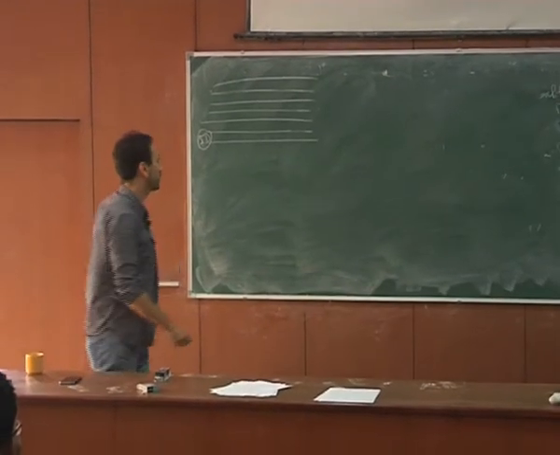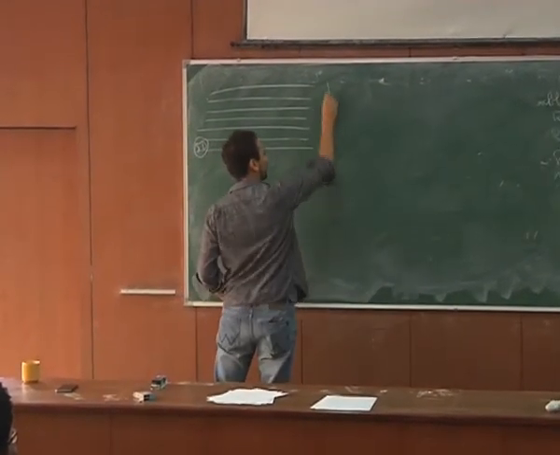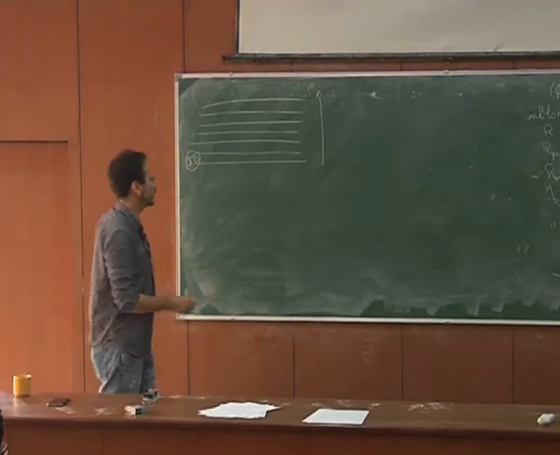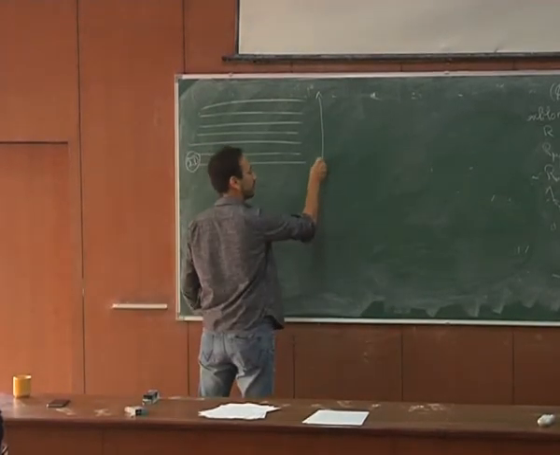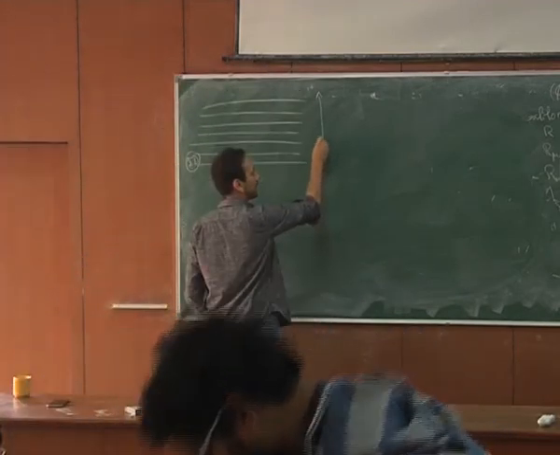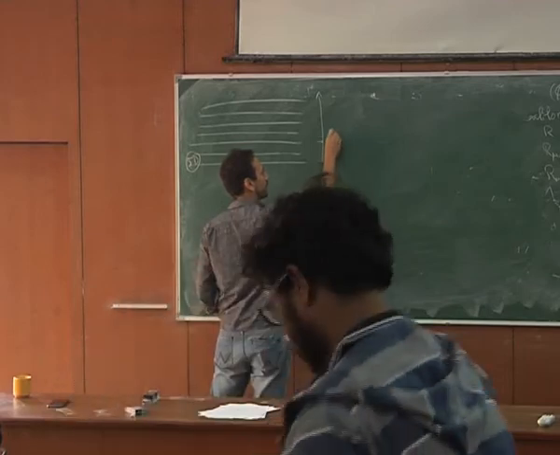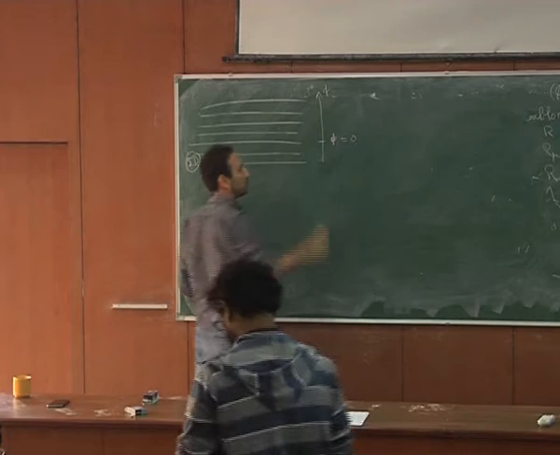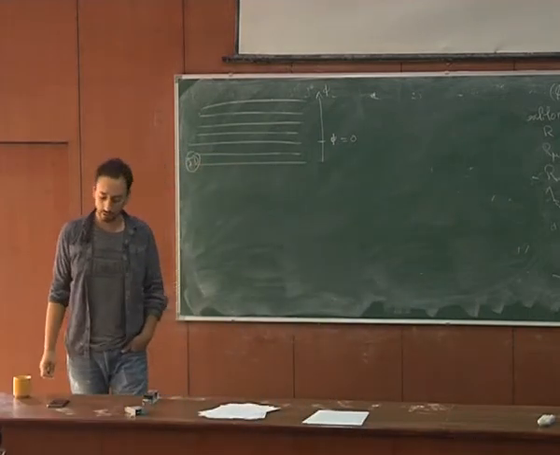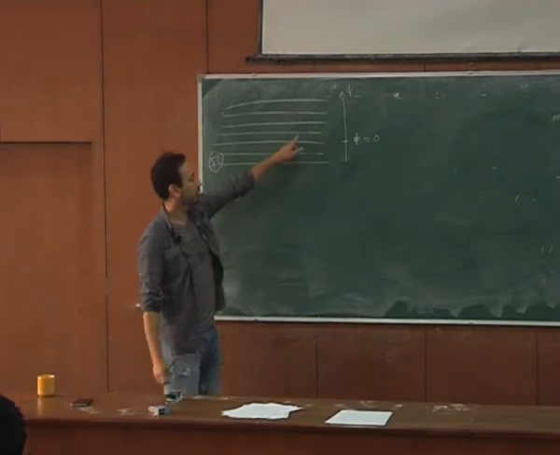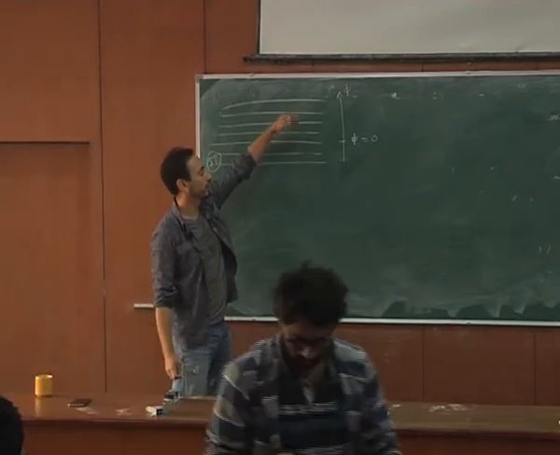And I will consider some direction like this. And this position here, I will consider this coordinate to be 0. This coordinate, I call it phi, actually. So I have phi equal to 0. This is phi equal to 1, phi equal to 2, 3, 4, etc.